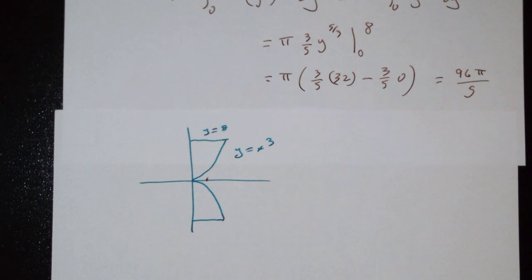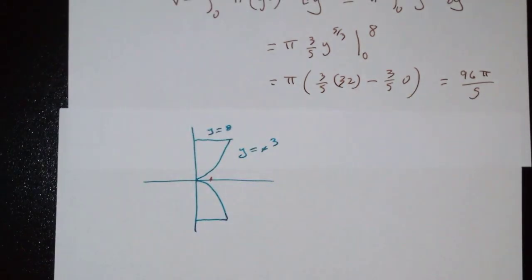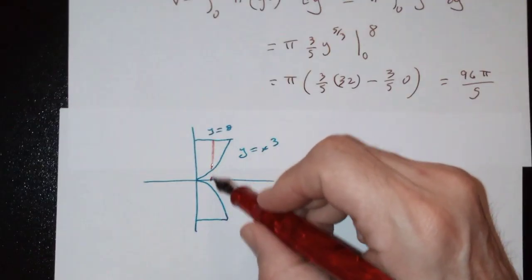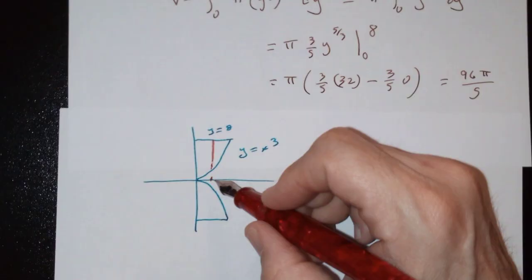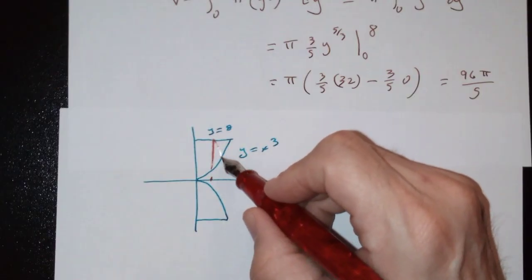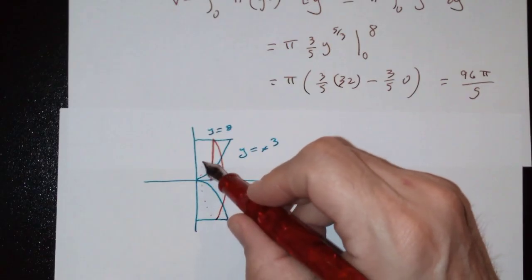Hey, wait a minute. My piece, if I start going up to try and draw that radius, it only has to happen in the region. It doesn't touch the axis anymore. This goes out to here and then up the back.